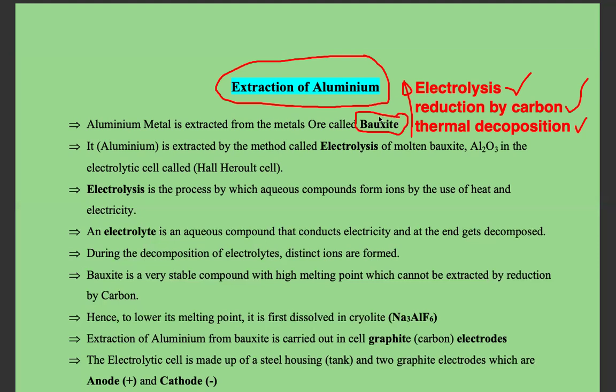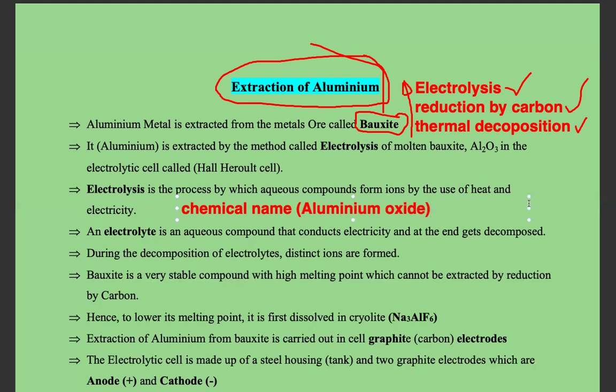So the chemical name for this bauxite is actually called aluminium oxide. Now, it is from this aluminium oxide that we are able to tell the chemical formula.